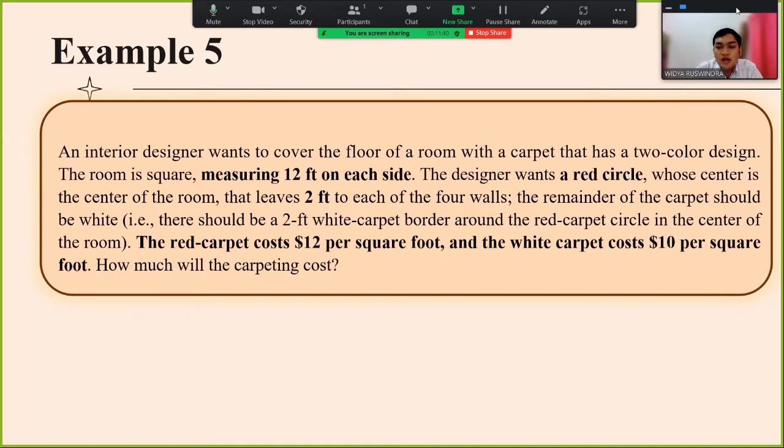The remainder of the carpet should be white. So there should be a 2 feet white carpet border around the red carpet circle in the center of the room.